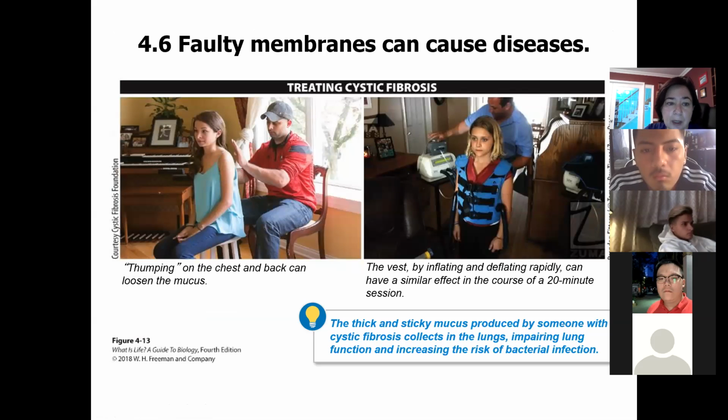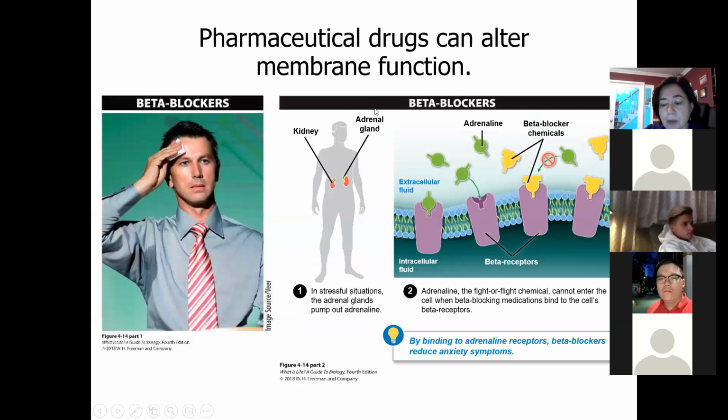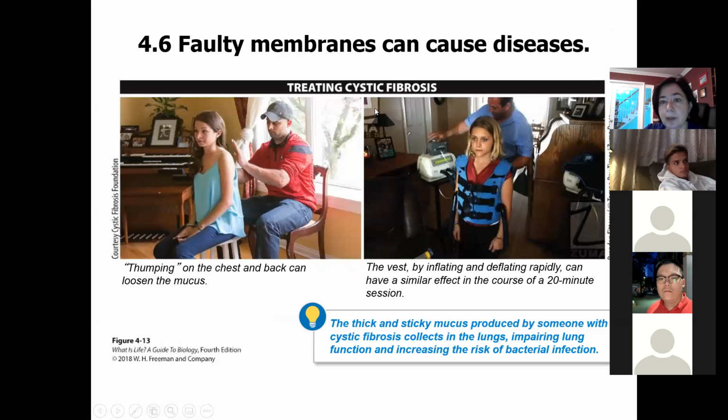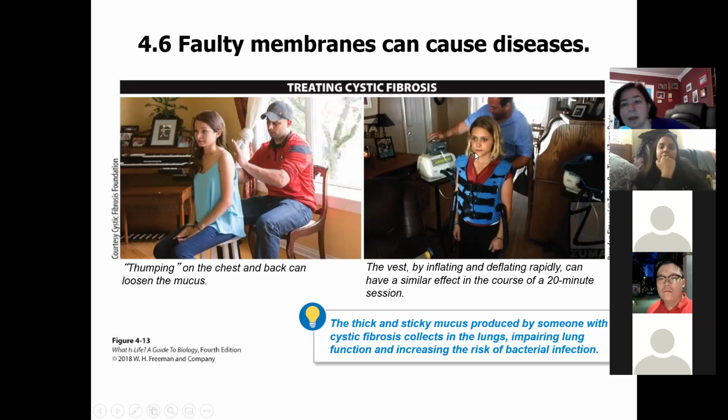And we can see faulty proteins can cause diseases. I think I talked about cystic fibrosis. I'm not sure if I told you. This is a genetic disease, and in it the cell membrane basically can't retain fluids, and these fluids are released outside. So there is a lot of extracellular fluid, which gets accumulated in the airways, urinary tract, and digestive tract.